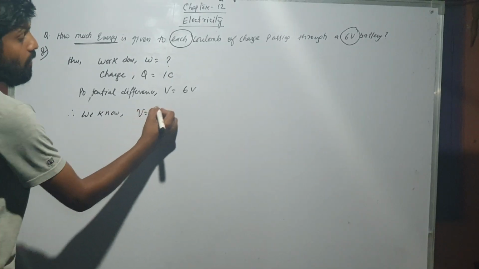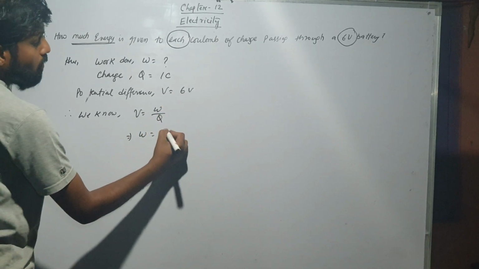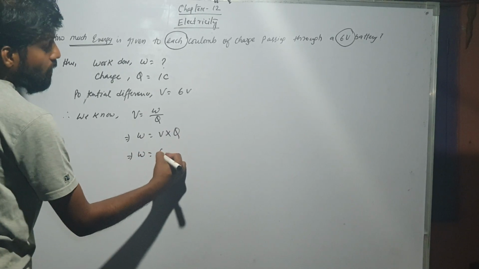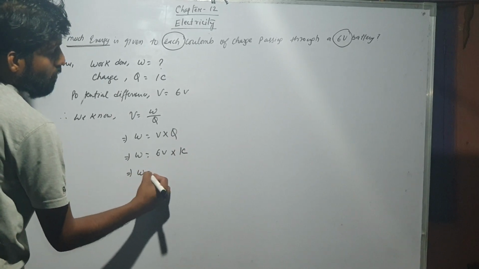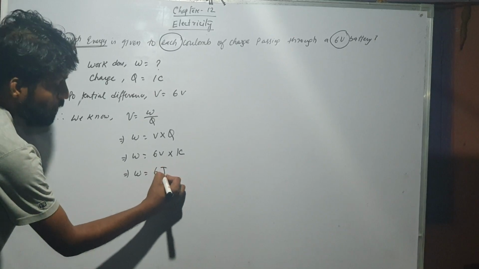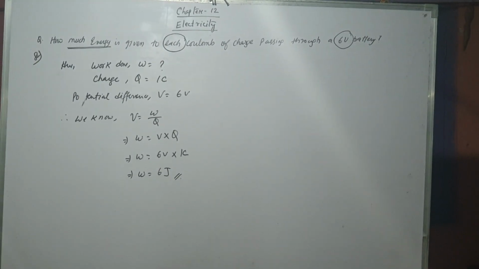We have V is equal to W by Q here. That is W is equal to V into Q. That is W is equal to V means how much? 6 volt. Q means how much? 1 coulomb. That is W is equal to 6. And we know this is work done. The SI unit of work done is what here? Joule here. That will be your 6 joule here.